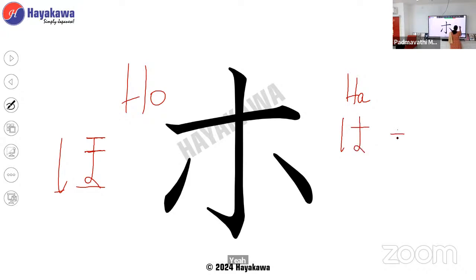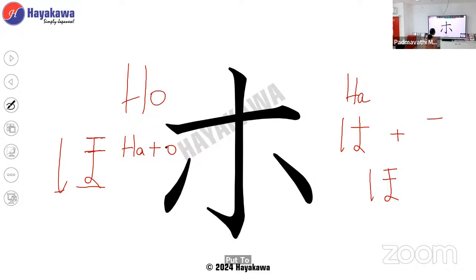And then one more stroke, right? This becomes hiragana ho. Same here also, right? We are going to put katakana ha plus o to get ho.